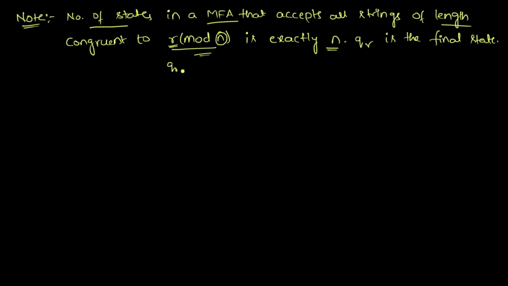Starting from Q0, we will have Q0, Q1 and so on up to Qn-1, and Qr will be one of these states. So Qr will be our final state and there are n states in such a minimal finite automata.